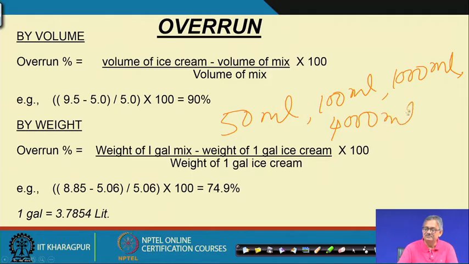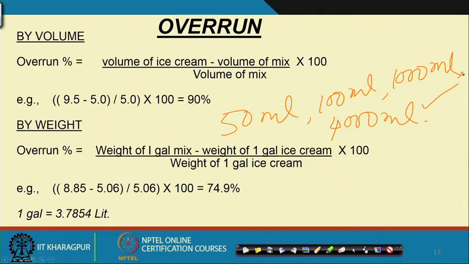These 4 volumes are normally with the ice cream industry, right. So, you will not get in between 2 liters, you will not get 5 liters like that. So, these 4 are the volume quantities you will get in the market: 50 ml, 100 ml.